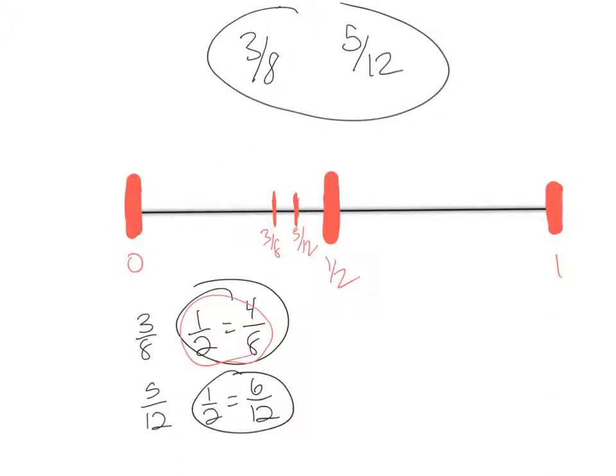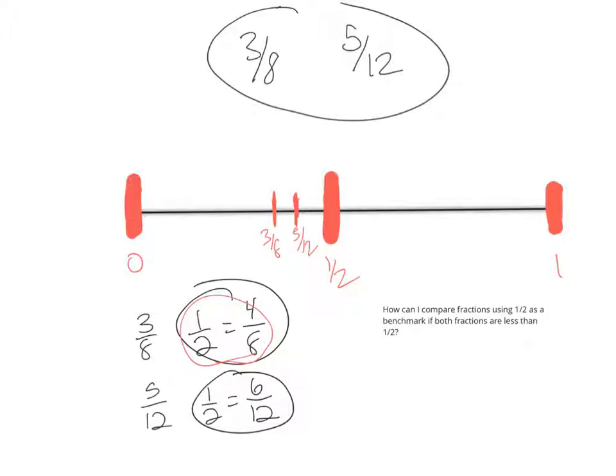All right. So the overarching question: how can I compare fractions using 1/2 as a benchmark if they're both less than a half? Remember, we are using one is less, one is more.